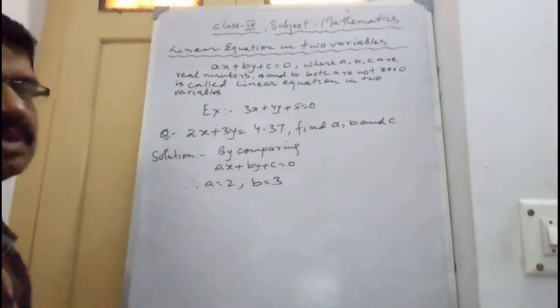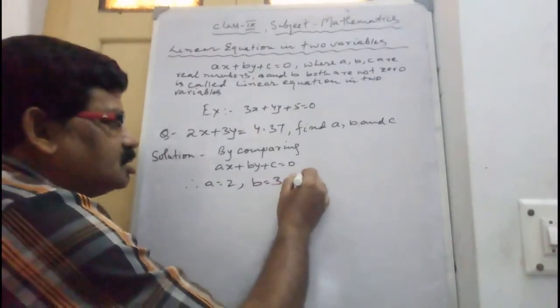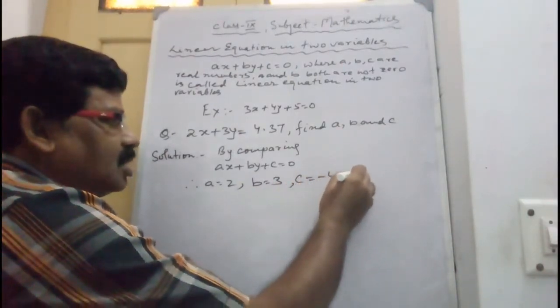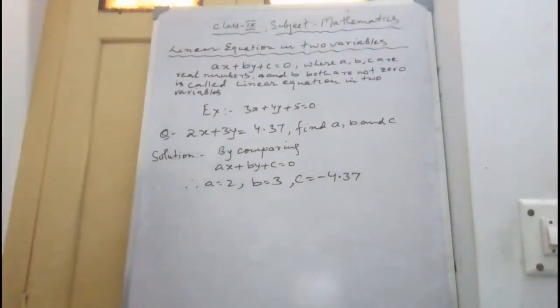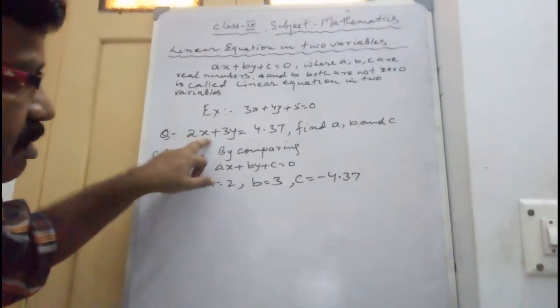If you take that one on left hand side, that becomes minus 4.37. So c equal to minus 4.37.